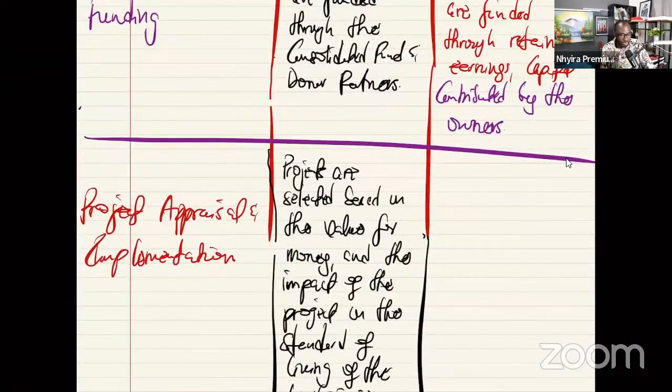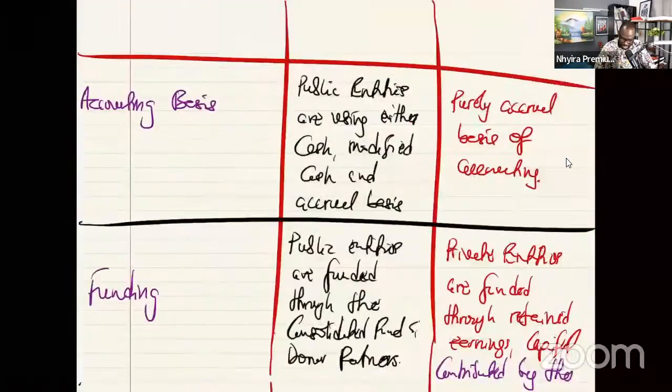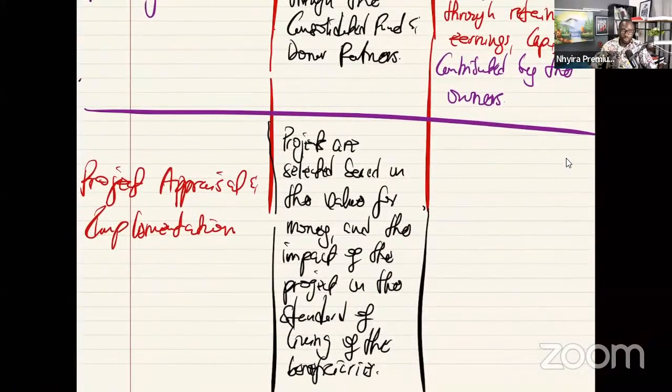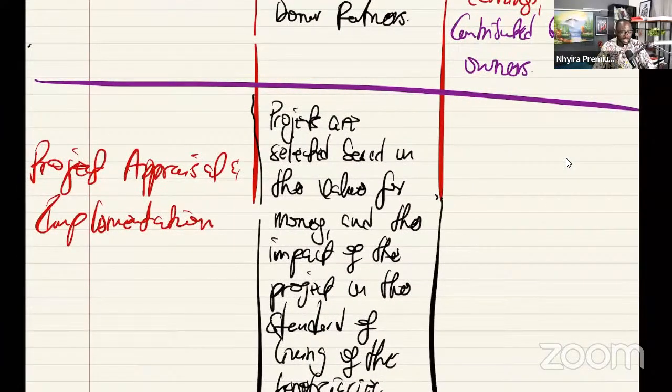When it comes to the project appraisal, government selects projects that will achieve what? Value for money, and they implement the project that will increase the standard of living of the citizenry. But then in private sector, we don't care about standard of living of people. Yeah, we want to provide quality products though, but we select projects that will maximize the wealth of the shareholders.